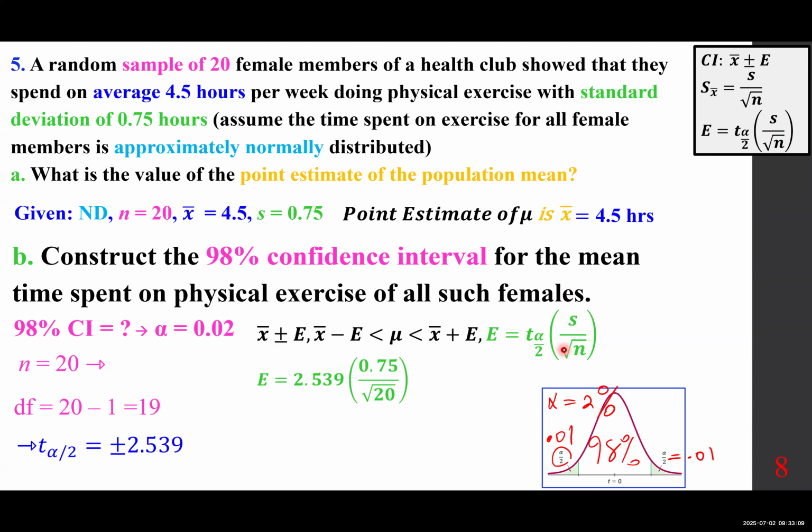Just plug it into a calculator. You get 0.4258. Then you find X bar, which is 4.5, subtract this number from it and add to it.